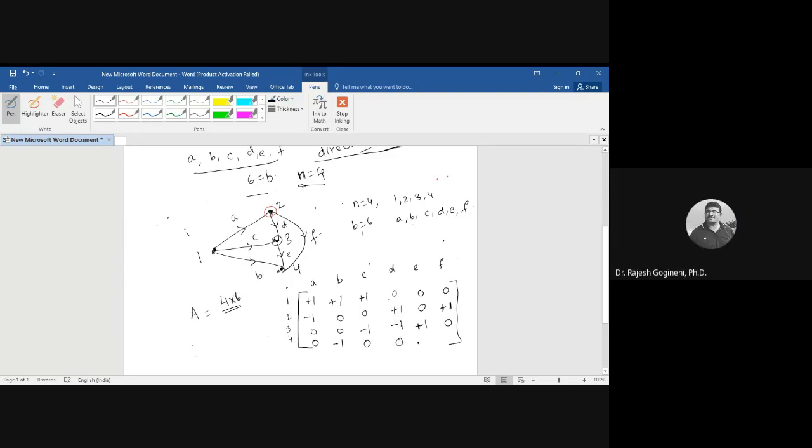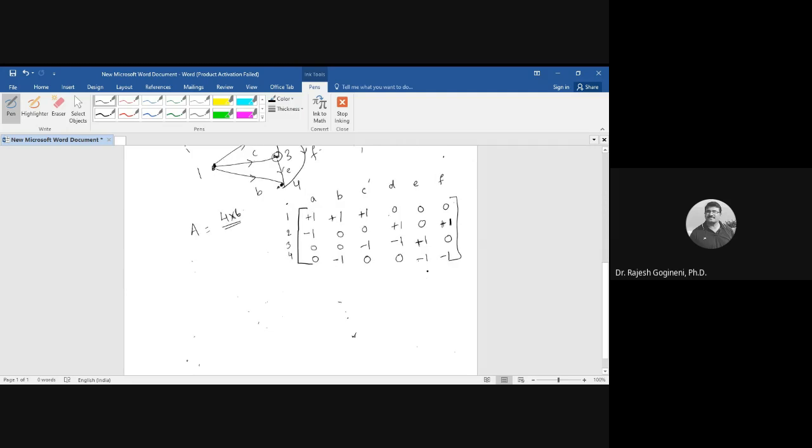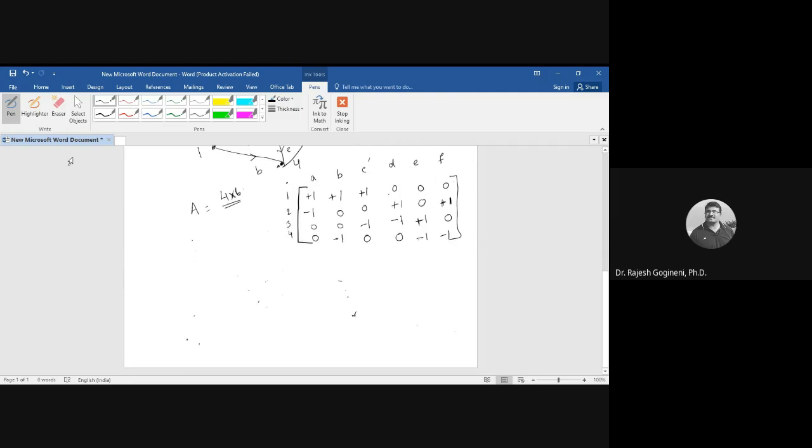E? -1, approaching. F? -1, approaching. So you can cross check: each column must have one +1 entry and one -1 entry. It is simple to cross check whether whatever you have written in the incidence matrix is right or not, right?